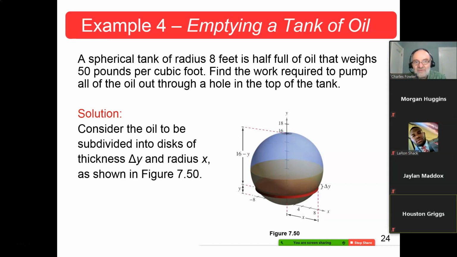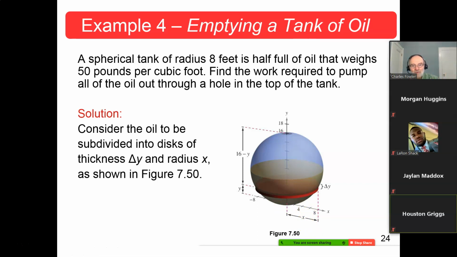So your density is 50 pounds per cubic foot, and we have to figure out the volume of that disc of oil. We know the thickness of that is delta y. We know the area of that is, the way they set it up, the y-axis goes through here and the radius of this disc is x.